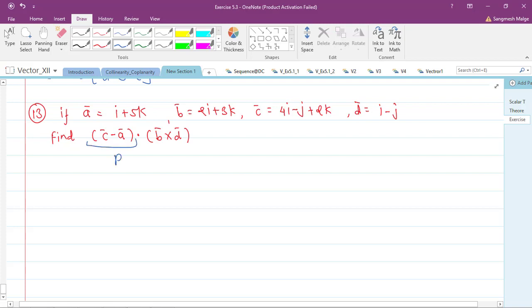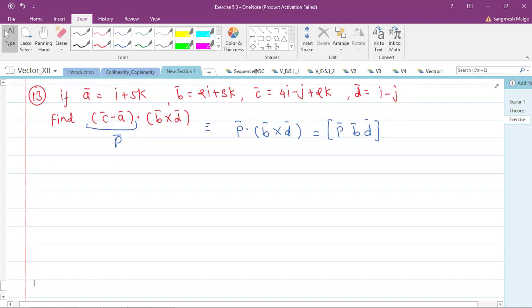Let's say this is p bar. Now you have p bar dot b bar cross d bar, which is nothing but the box product of p bar, b bar and d bar. That's the same question they are asking; by putting c bar minus a bar here they only confused us, but we are very smart and will not be confused.